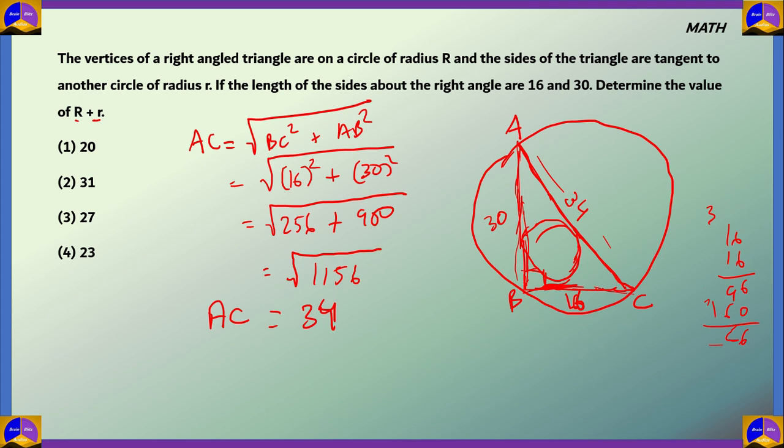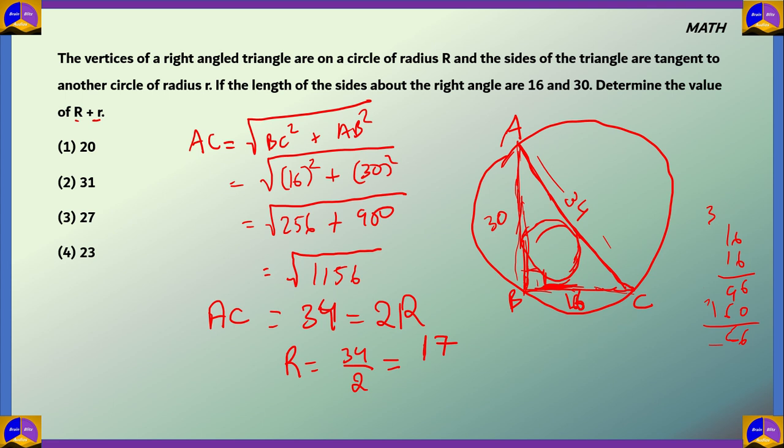And we know that in order to obtain a right angle on one side of the triangle, AC must be the diameter. So in this case, AC is the diameter. So 34 would be 2 times capital R. So R would be 34 divided by 2, which is equal to 17. So capital R we got as 17.